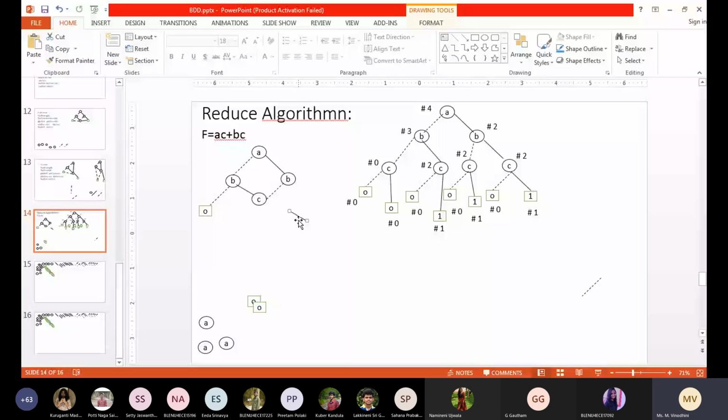And this C, when it is 0, it is going to 0. When it is 1, it is going to 1.